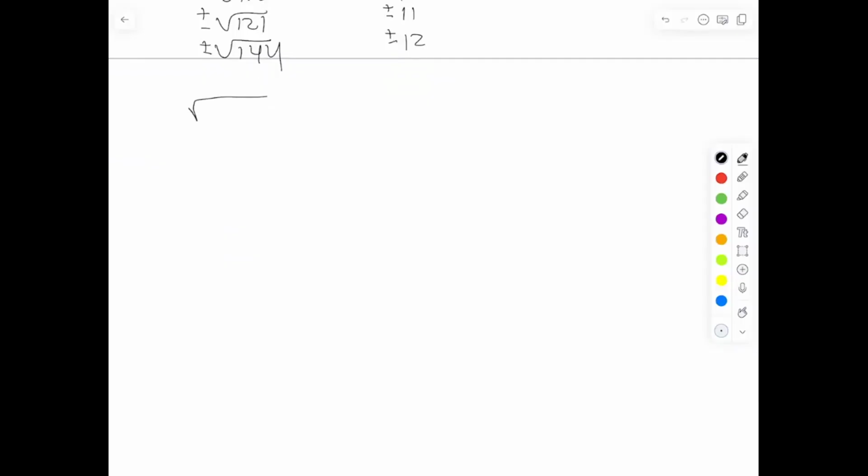Well, we have a rule, right? We can break that value, whatever this is, into 2. And you want to always try to look for a perfect square. I'll give you an example. Square root of 12.